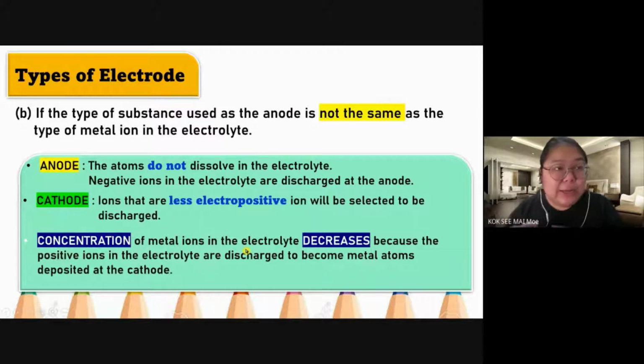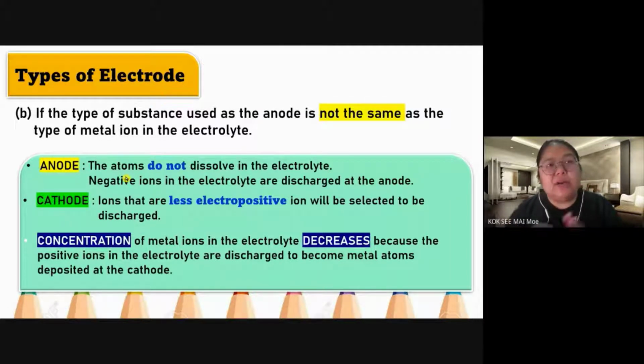So finally, the concentration of metal ion in the electrolyte, the electrolyte means the liquid, the solution, decreases. The concentration decreases because the positive ions in the electrolyte are discharged to become metal atoms deposited at the cathode. So the cathode absorbs, and the anode never provides, it also absorbs.